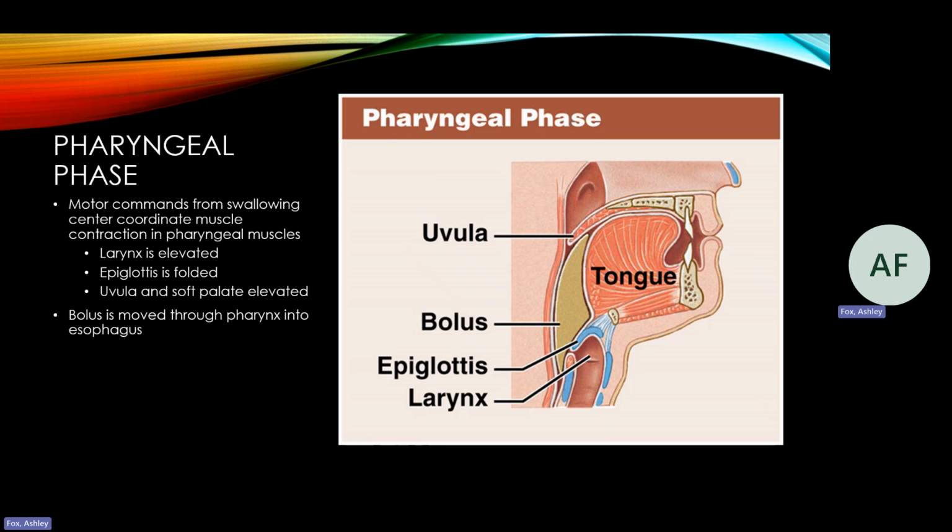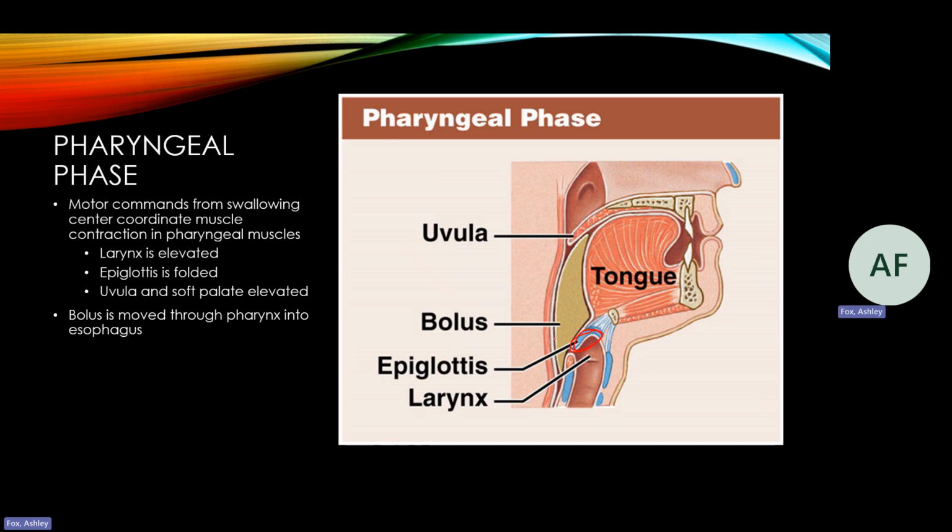So now we're looking at the pharyngeal phase. We have the bolus in the back, and then what happens, there's different muscles. Again, I'm not going into specifics of muscles, but you contract pharyngeal muscles, so muscles in the pharynx. What happens is the epiglottis is folded, so you are covering the entrance to the trachea because you don't want the bolus to go down into the trachea.